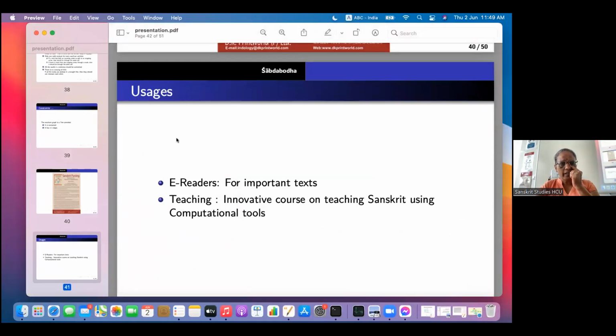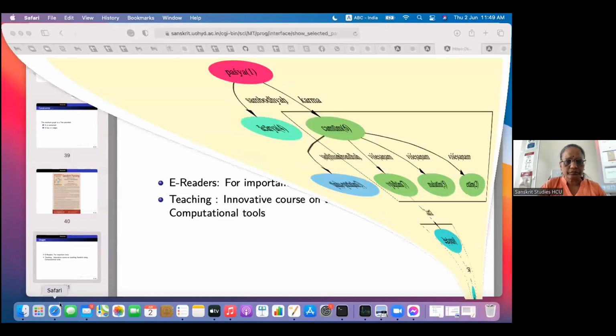So what we have done is, we have collected all these analysis together and put it in the form of an electronic reader. So anybody who is interested in, say, reading Bhagavad Gita, then all the analysis is available at one place.